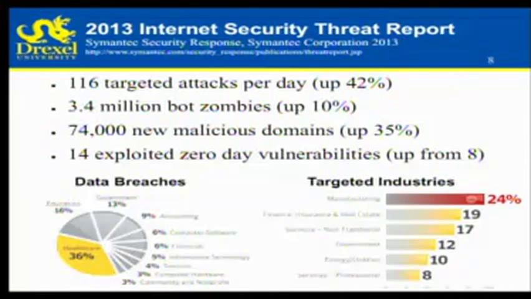Well, if you look at the targeted attacks per day, we have about 116. This is 2013 data. That's up 42%. About 3.4 million bot zombies, 74,000 malicious domains, 14 exploited zero-day vulnerabilities. Zero-day means these are vulnerabilities in code that are being exposed that people don't know about.